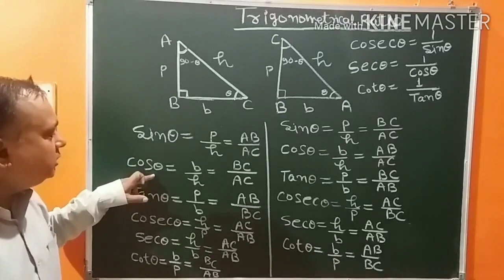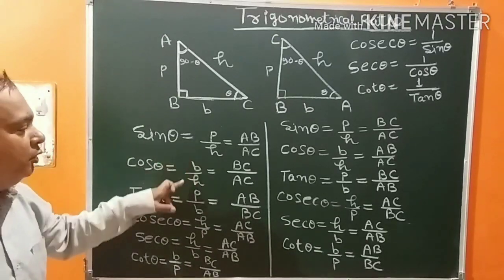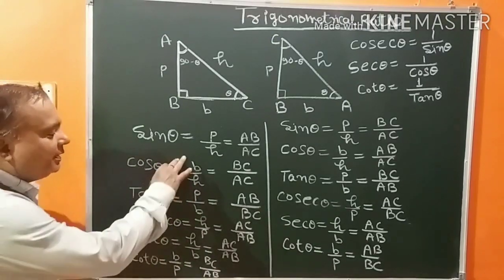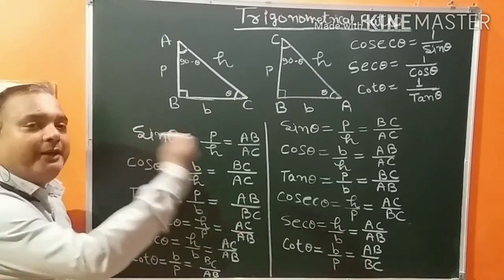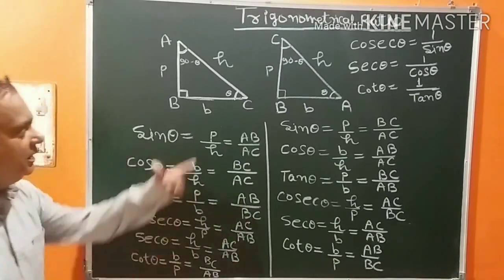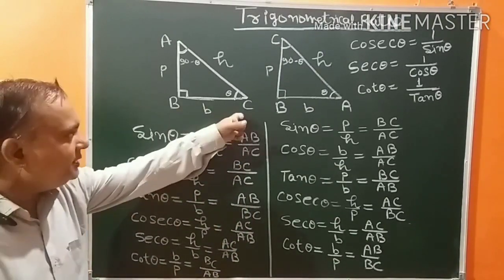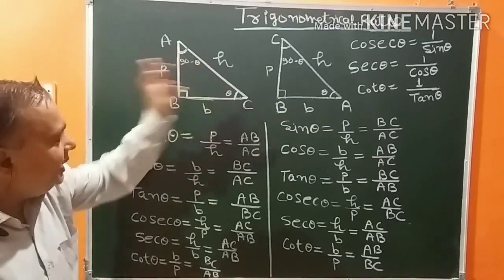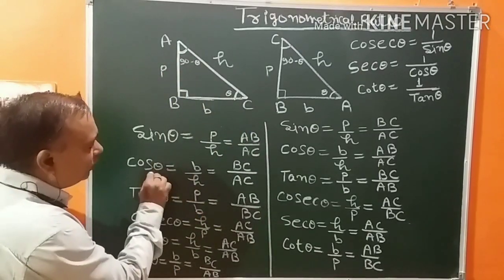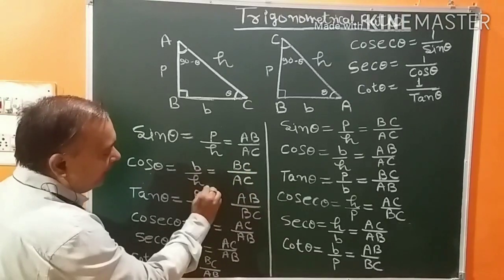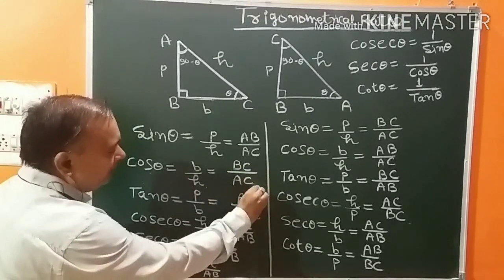The formula of cos theta is base upon hypotenuse, or simply the ratio of base to the hypotenuse. Now the base is BC and the hypotenuse is AC. So the formula is cos theta equal to B upon H equal to BC upon AC.